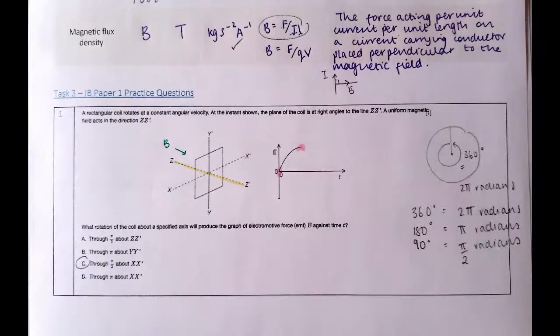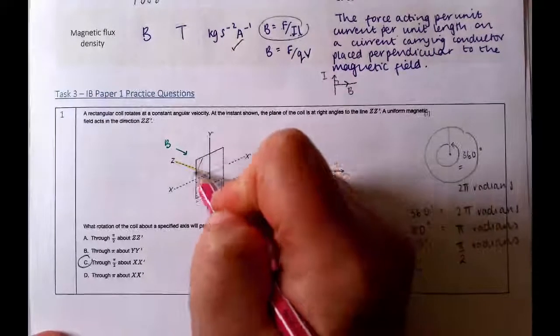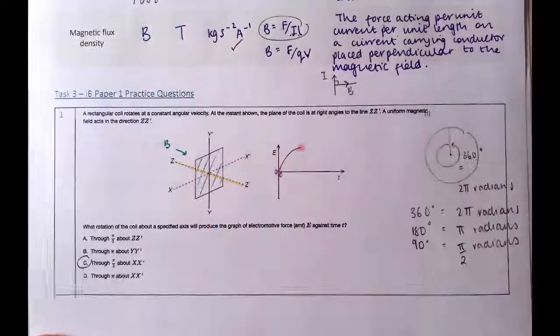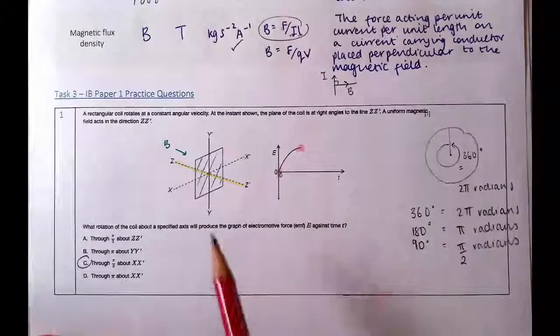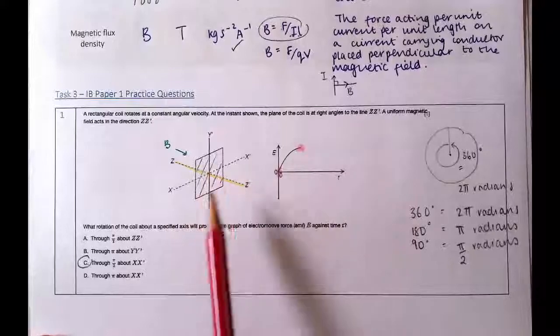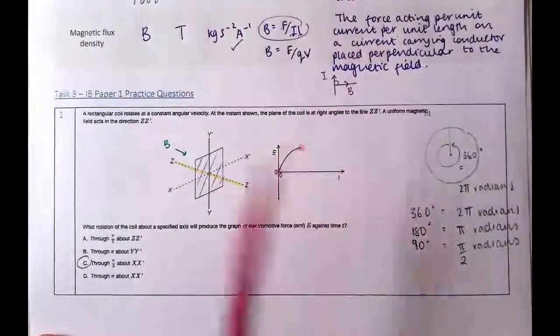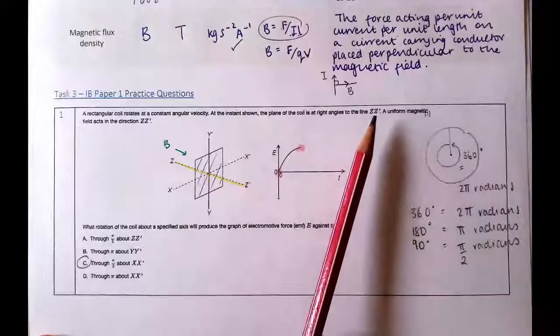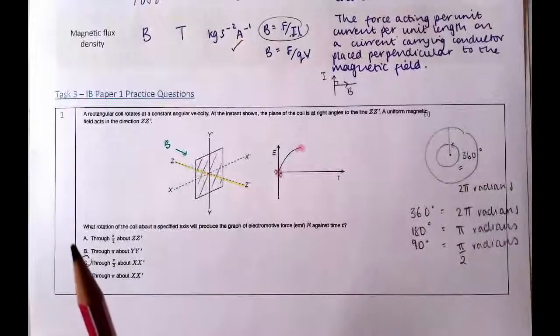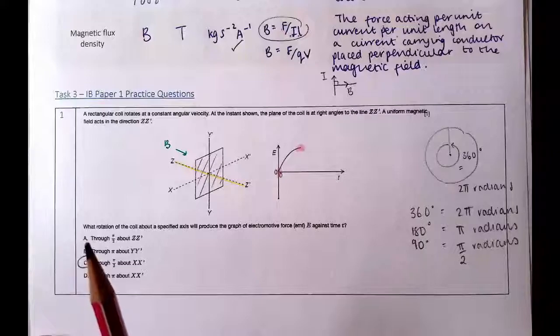At the instant shown, the plane of the coil, so remember plane, imagine like the plains of the Sahara Desert, but basically the area that it is swept out by, so there's our plane. The plane of the coil is at right angles to the line Z, Z dash. A uniform magnetic field acts in that direction.